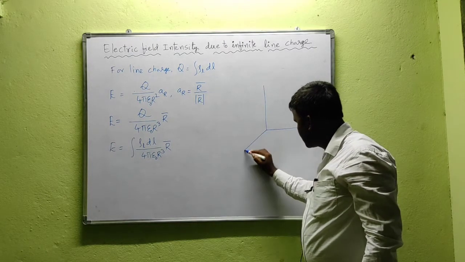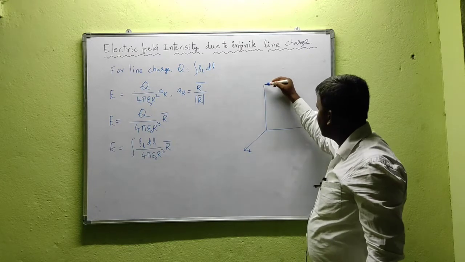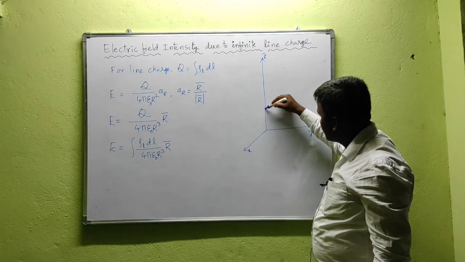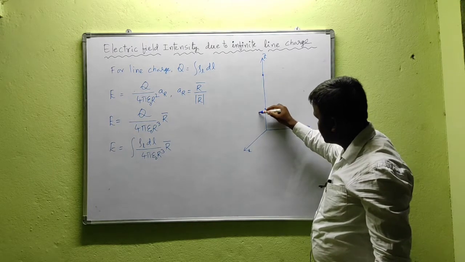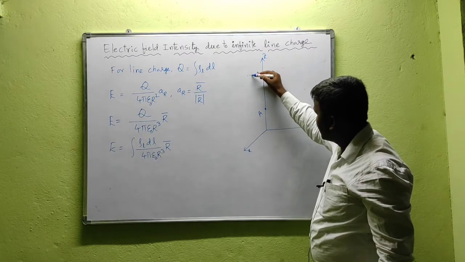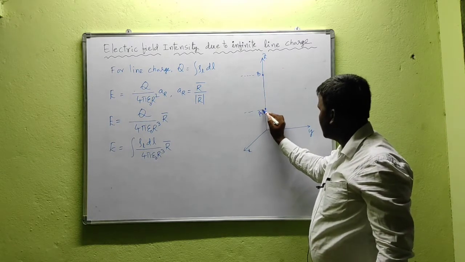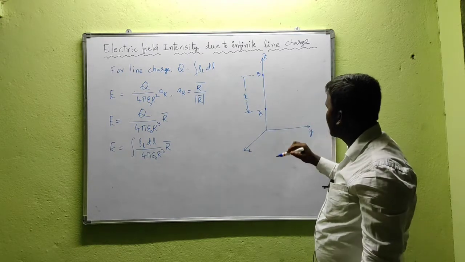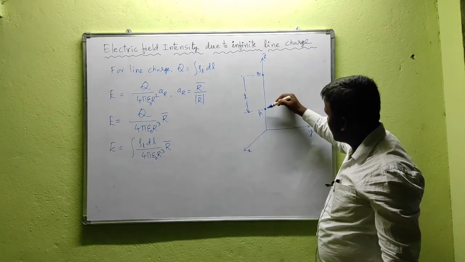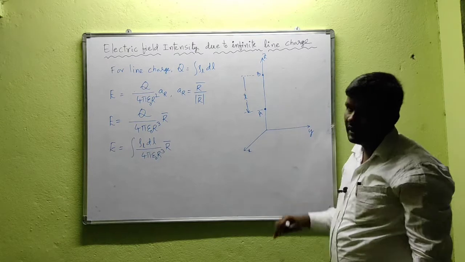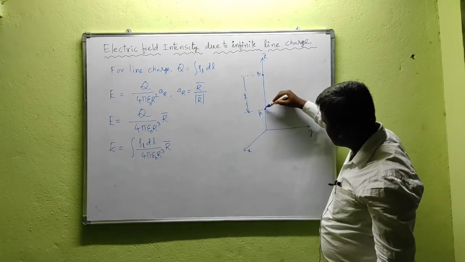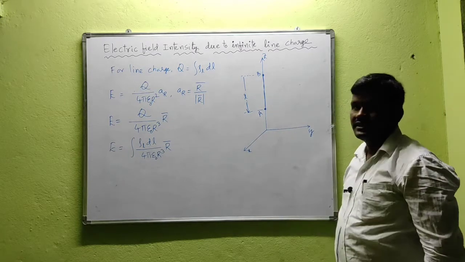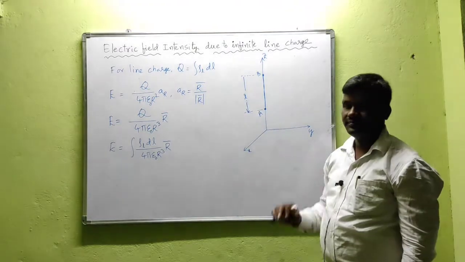It is X, it is our Y, and this is Z. Line charge extended from A to B along Z axis like this, of length L. Here in this case, the length of the line is finite, of course finite length of L. It is extended from lower end as A and upper end as B. That means line charge is placed along the Z axis of length L.